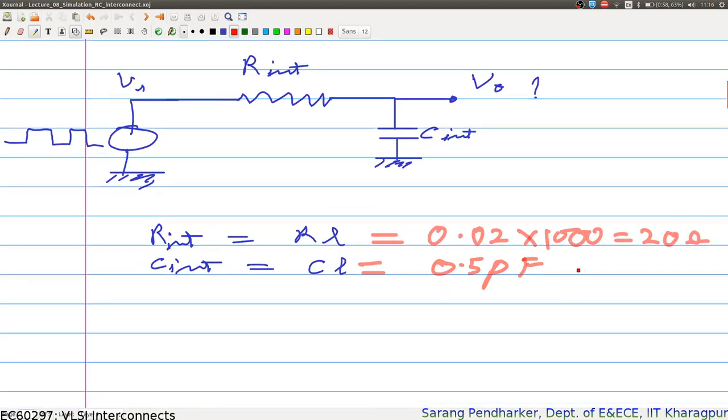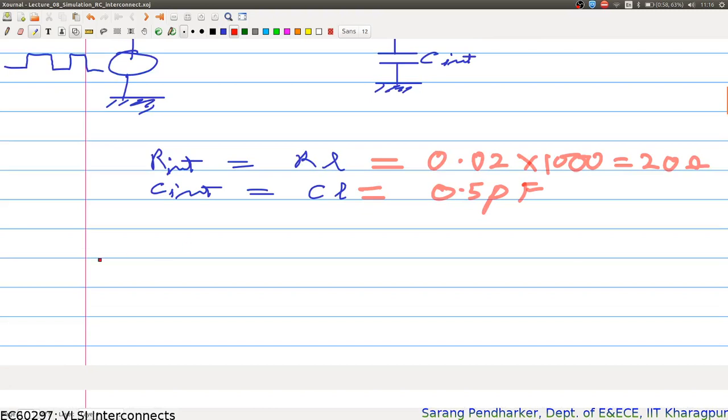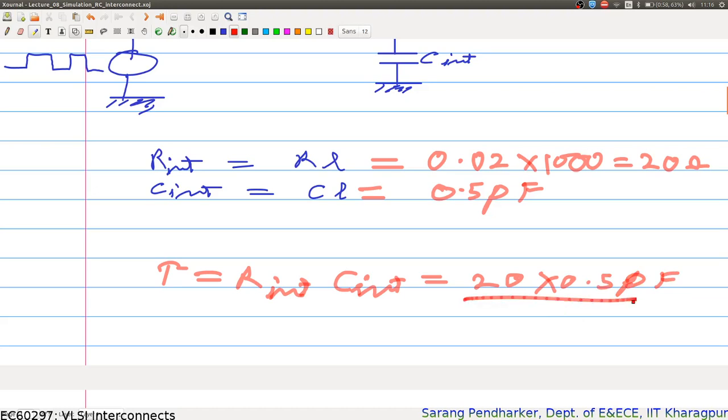Now all you have to do is go ahead, create the circuit and run the simulation. So what would be the delay here? R interconnect times C interconnect, if I just write it down, would be 20 into 0.5 picofarad.